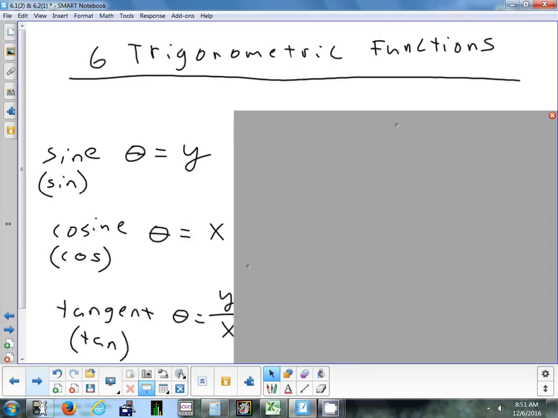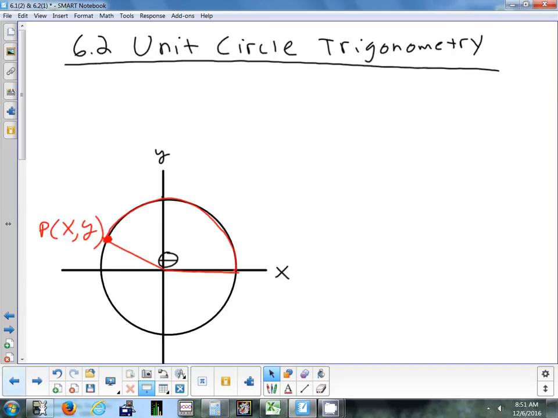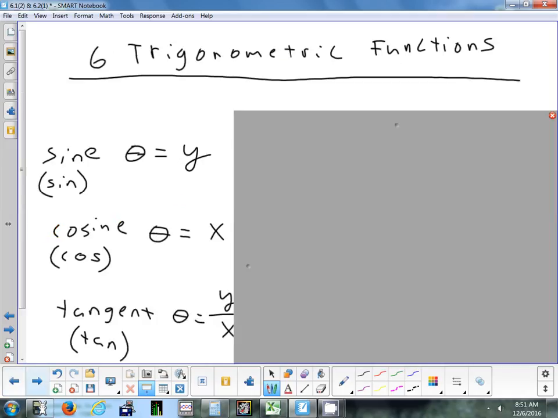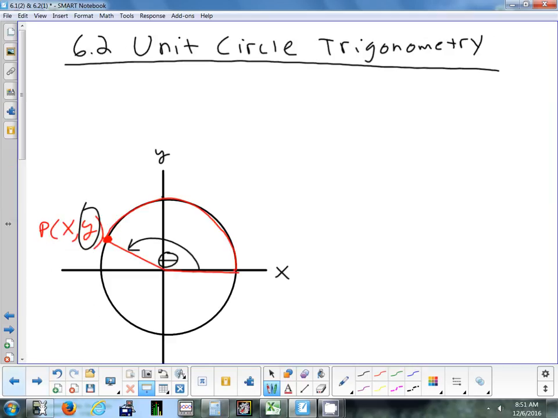Our 3 basic functions are sine, cosine, and tangent. I put the abbreviations below them. If you want the sine of an angle, first thing you'd have to do is draw the angle. There's your angle right there, probably like 140 degrees roughly. Then I'd have to find the coordinate. Once I have it, if all I want is the sine, I just need the y value. That's the answer to the sine. If I wanted the cosine, this time I don't need the y value, I would need the x value.